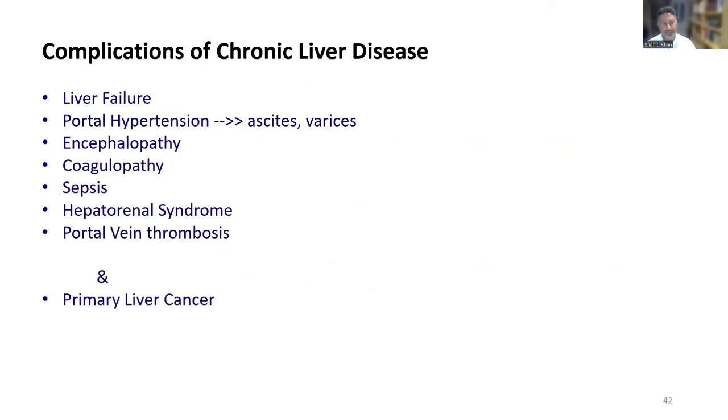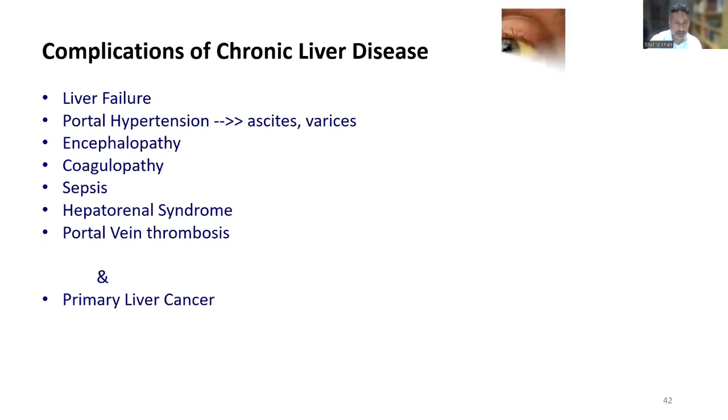Okay, so I've shown you that chronic liver disease is increasing, and what the main drivers for that rise are. So why are we worried about chronic liver disease? Well, we worry about chronic liver disease because of its complications.